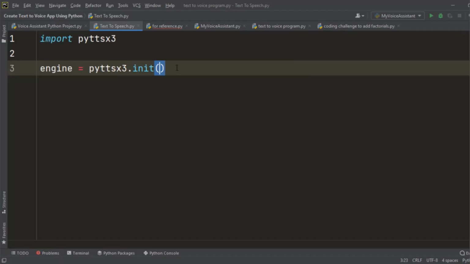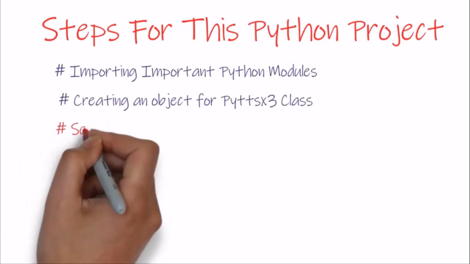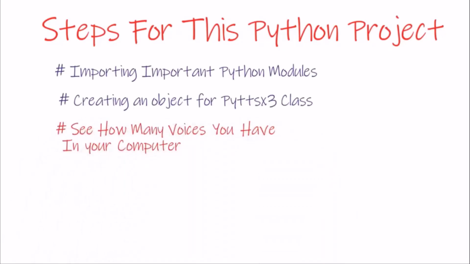Okay, after we create an object, we need to see the voice options for our computer. The next point is that. That means you need to know how many voice options there are and select one of them from the list of your voices. So now I want to write a program to see my computer's voice options, and after that I select one voice from the list of voices to convert text to speech. For that, I use a for loop to do this.